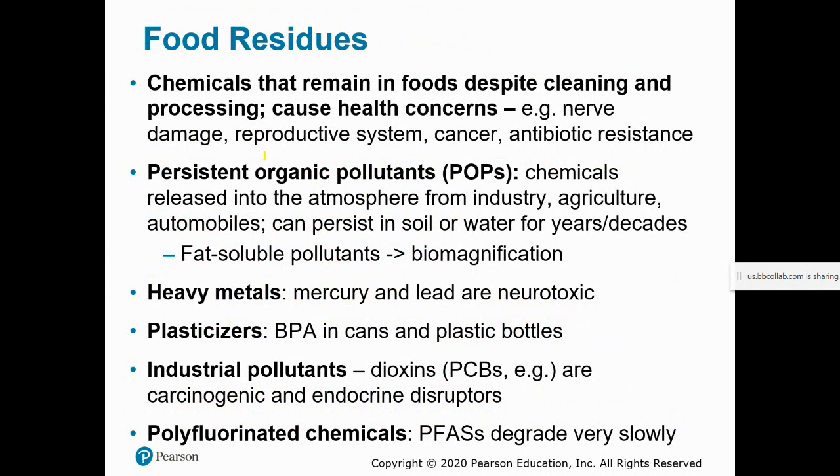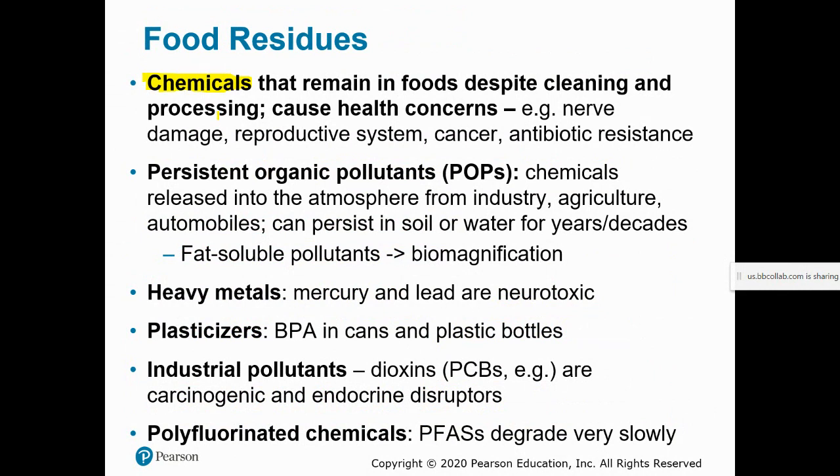So from recombinant DNA technology, we get some chemical residues, or I guess I should say it's through the use of genetically modified organisms that we wind up with such excessive chemical residue in our food system.